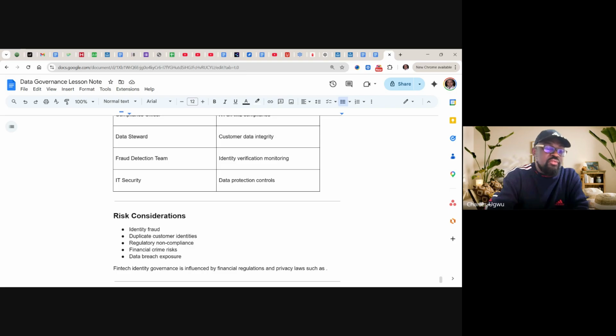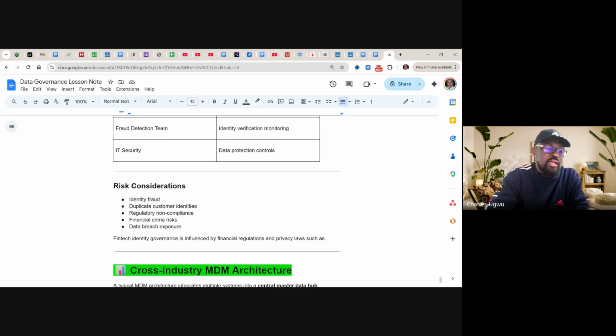We are going to be having financial crime risk. We are going to be having data breach exposure. All this is vulnerability out of poor master data management. So that's why we must have a strong master data management framework for compliance.